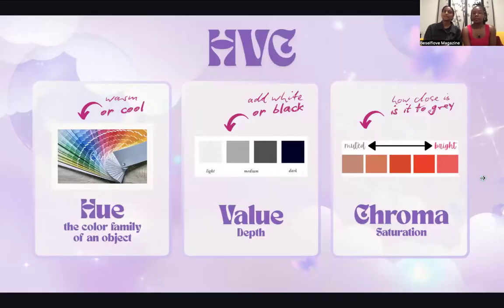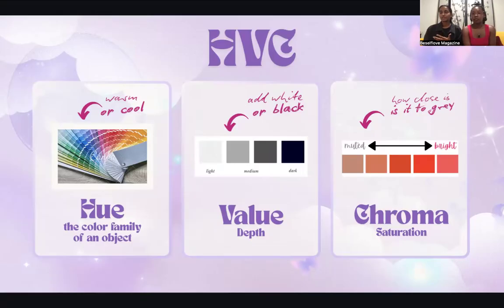And now we're going to talk about HVC, which is also a very important term that you would have to remember if you were learning color analysis. H stands for hue, the color family of an object. So you're looking at me, I'm wearing black. That's the color family.